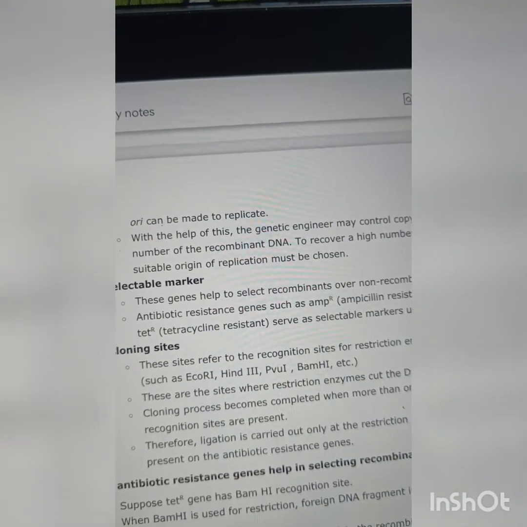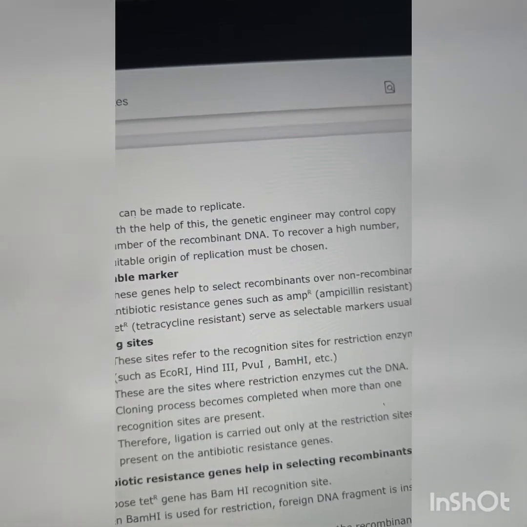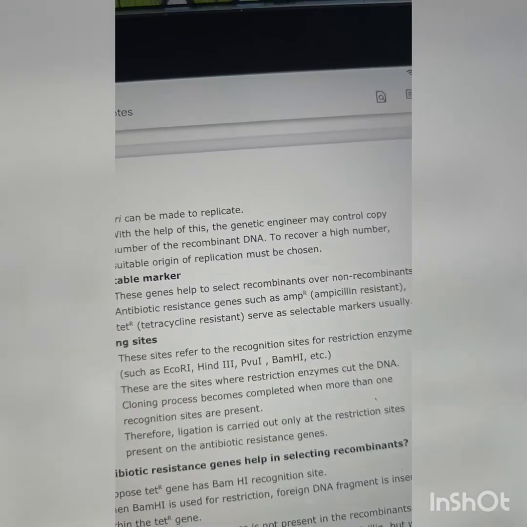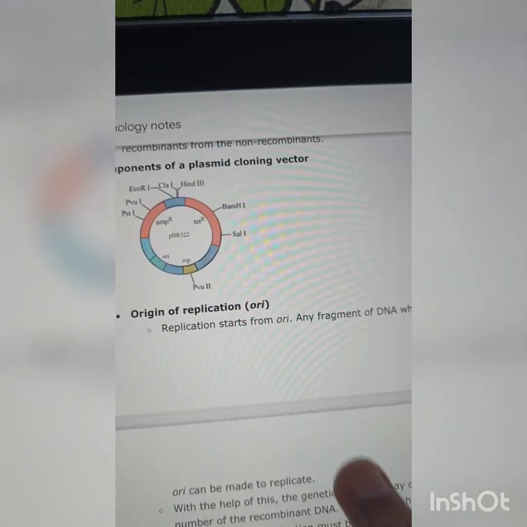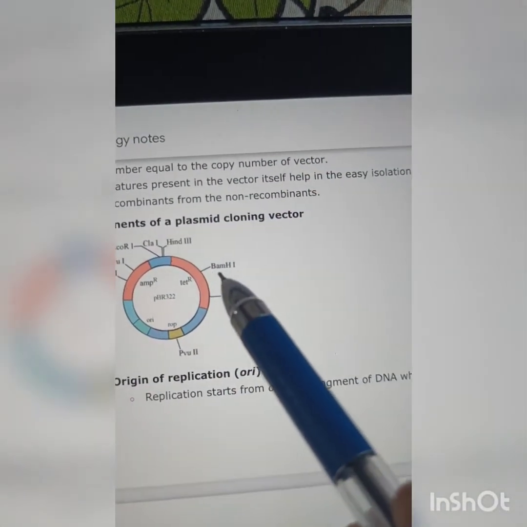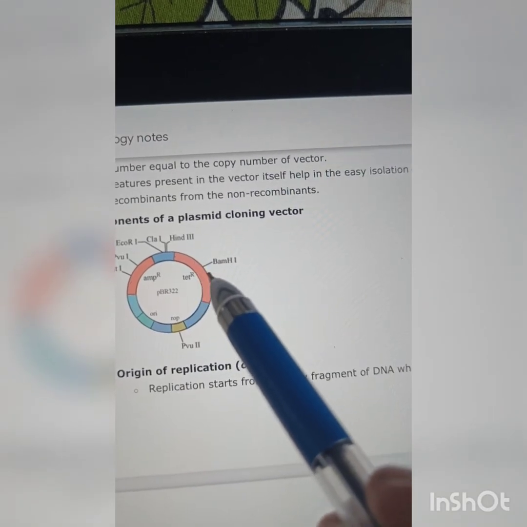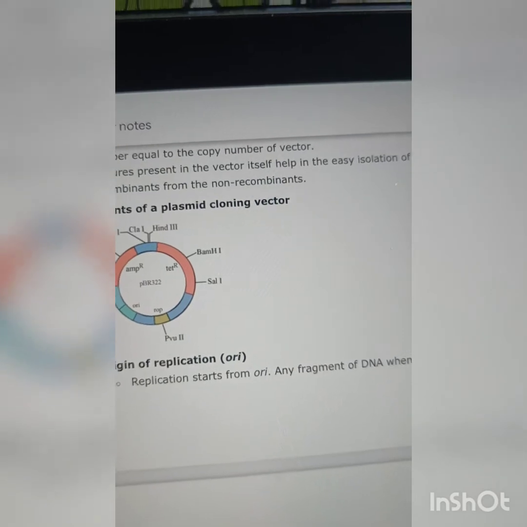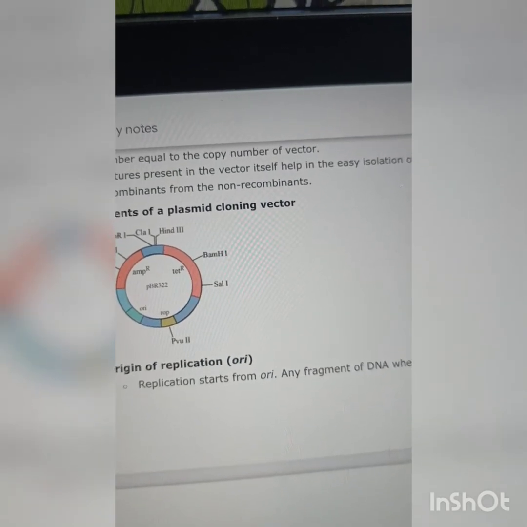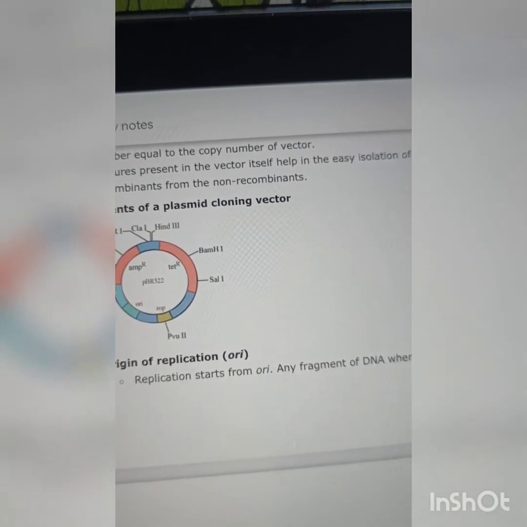Why have they given these sites? Because if more than one recognition site is present, for example for BAMH1, if it can cut here also, it will complicate the entire cloning process, because then there will be numerous fragments.